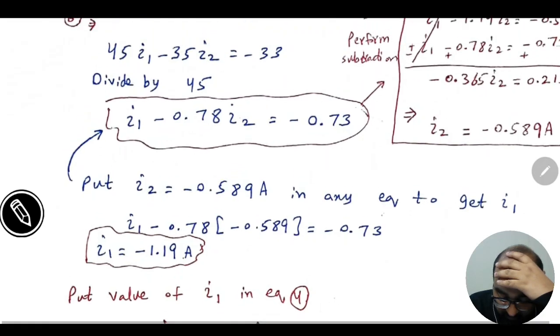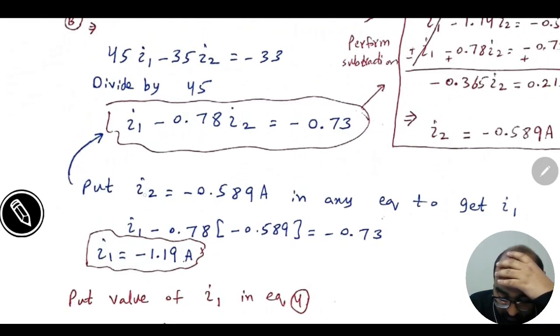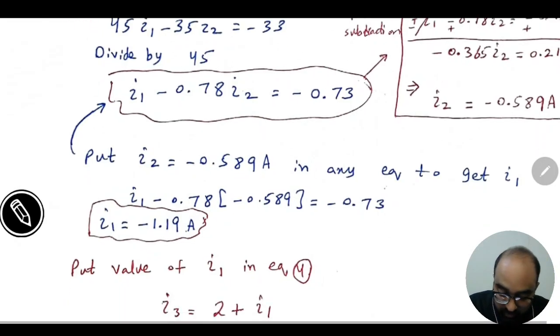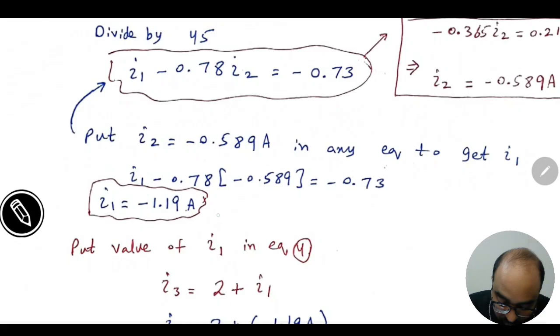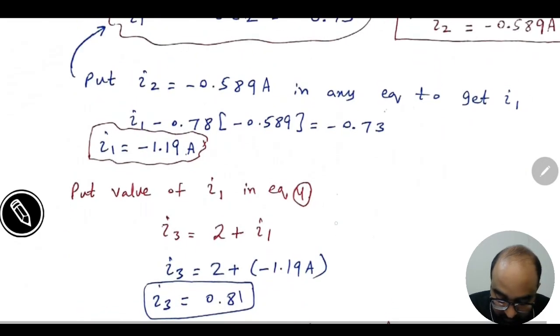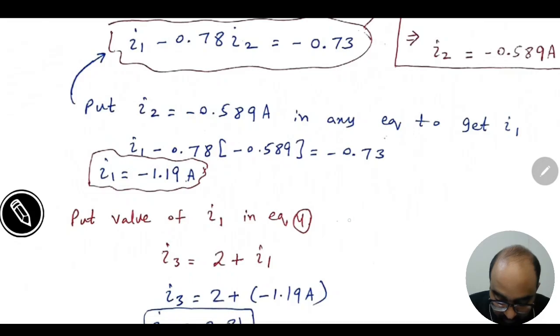Here you can see we have put the value of I2 in this equation, and by solving we got I1 is equal to minus 1.19. Now we have the values of two unknowns, which were I1 and I2.